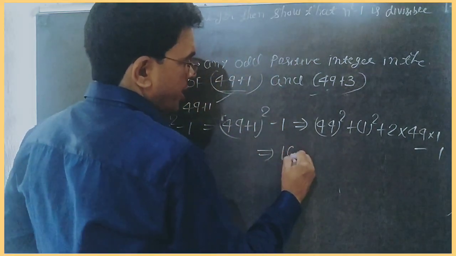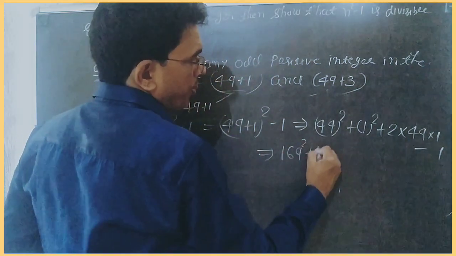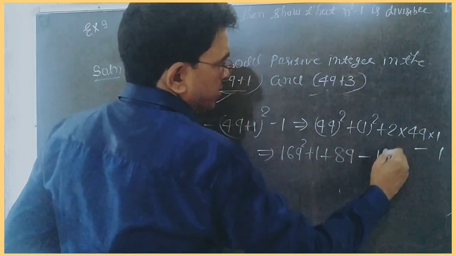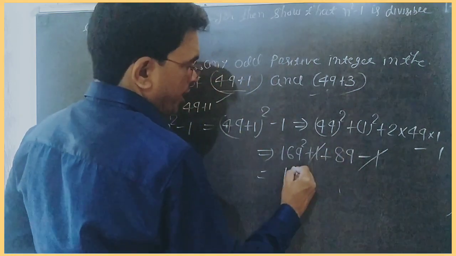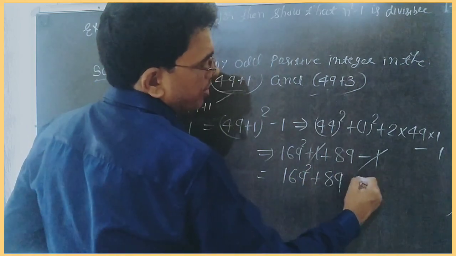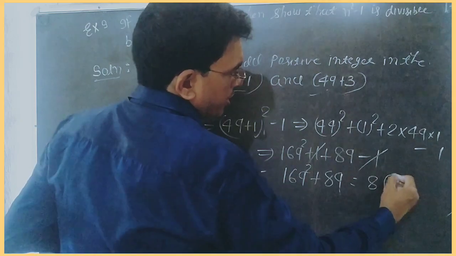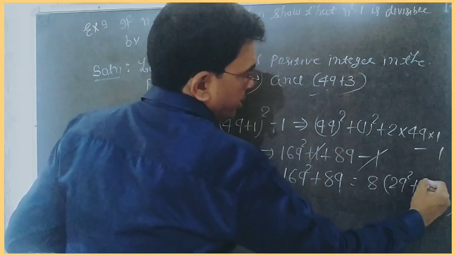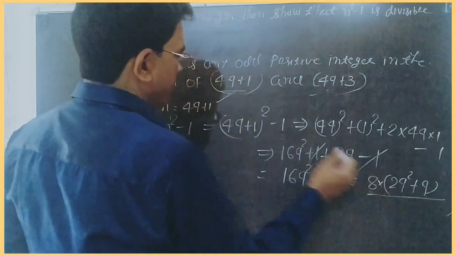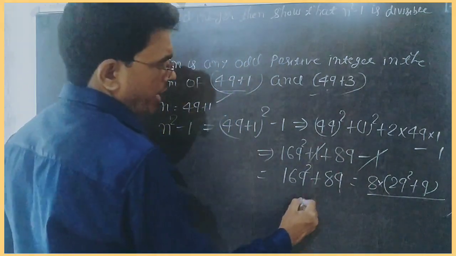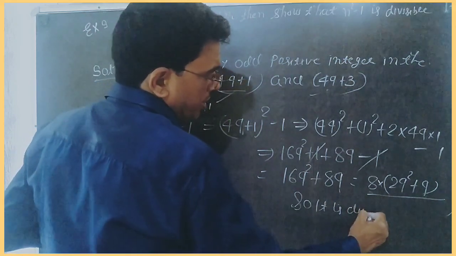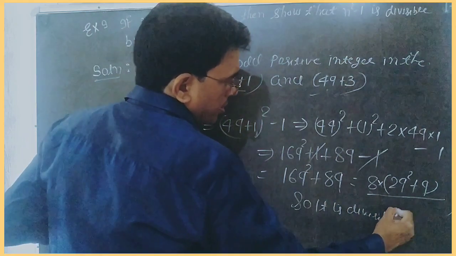Here is 16q square plus 1 plus 8q minus 1. The 1s cancel. That is 16q square plus 8q. 8 common, then it is 8 into 2q square plus q. And it is clear, when 8 is common, then it is divisible by 8. So you can write, so it is divisible by 8.